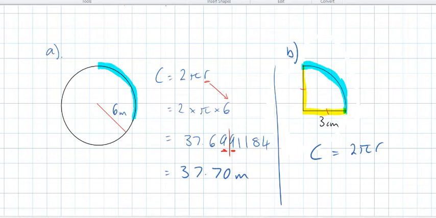So, using our equation, how do we find a quarter of it? Well, a quarter of it we would divide by 4. So to find that blue shaded length here, we simply do the circumference of a full circle, which is 2 pi r, and then we divide it by 4 to get a quarter of a circle.